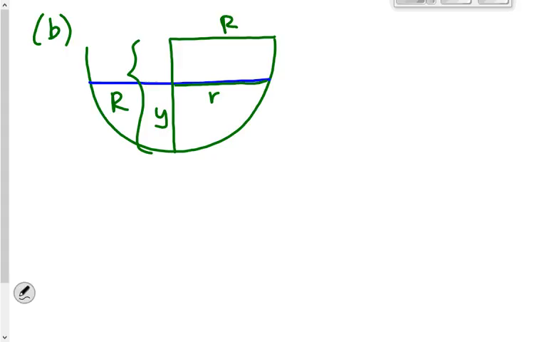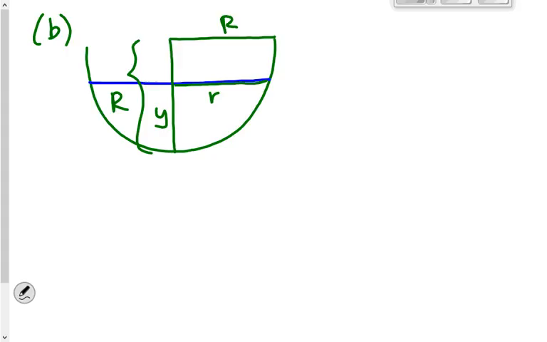Anybody have any ideas? Okay, we don't have any equations with little r in it, so we're probably going to have to make something up ourselves. Remember that the distance from the center to the edge is capital R. Priya.